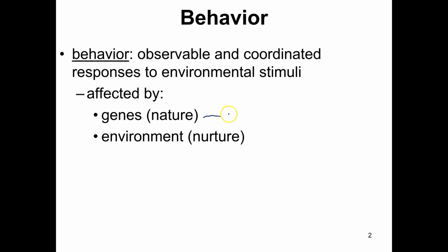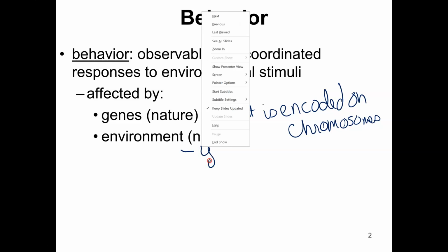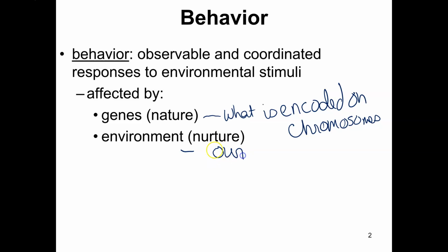So, this is what your chromosomes say, what is encoded on chromosomes, and nurture, the environment that you live in. So your parents, friends.